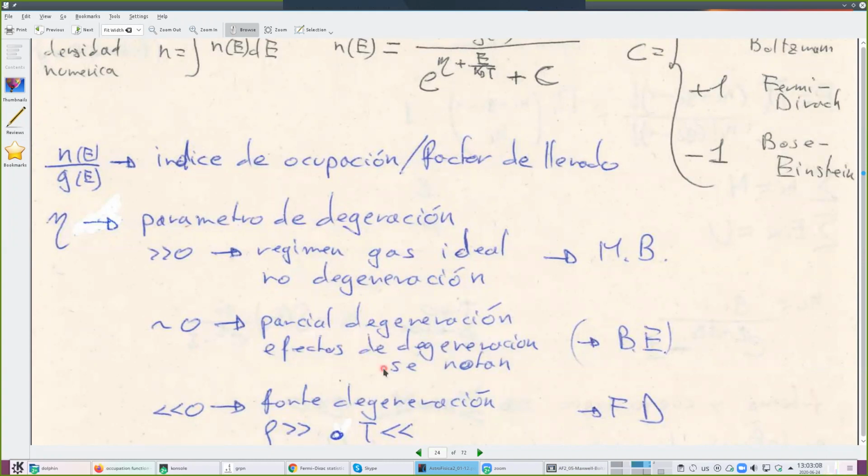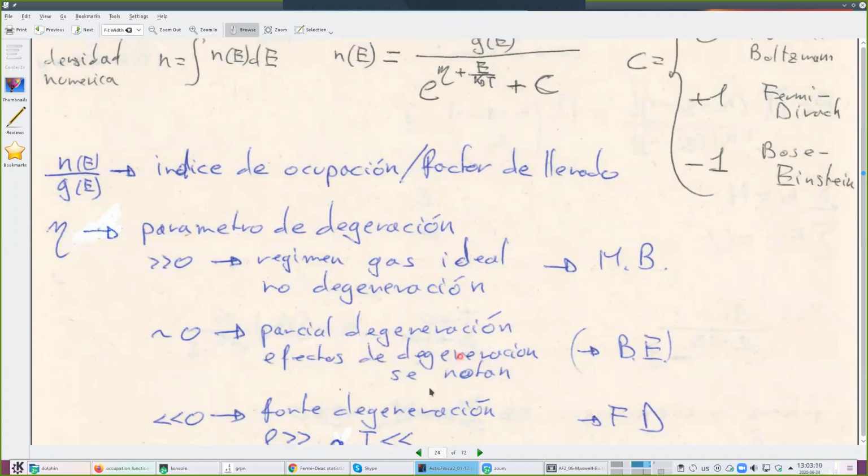Essentially, you don't see the effect of the energy, but you have the effect because they are quantum particles, so you have this deviation. But usually it's more or less the same. The Maxwell-Boltzmann doesn't change a lot, but at really low temperature we have what is now famous.